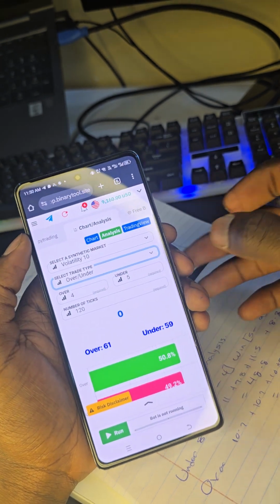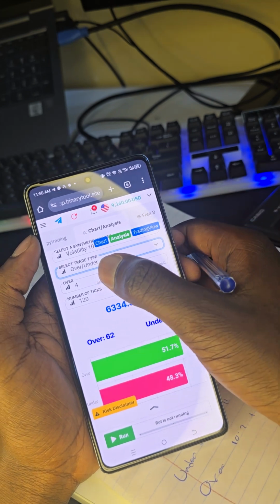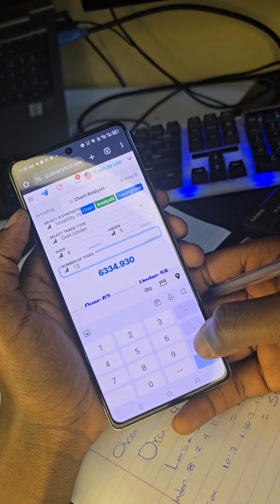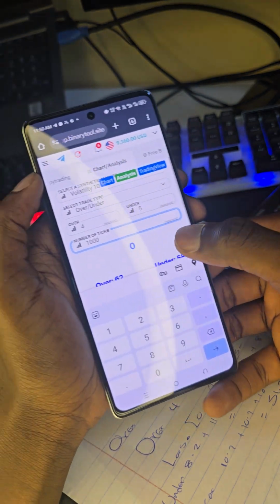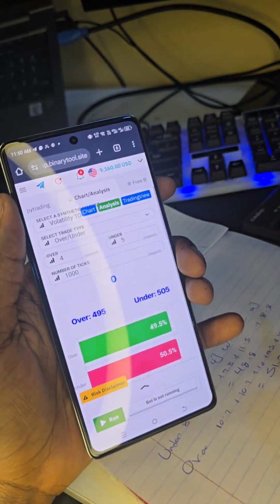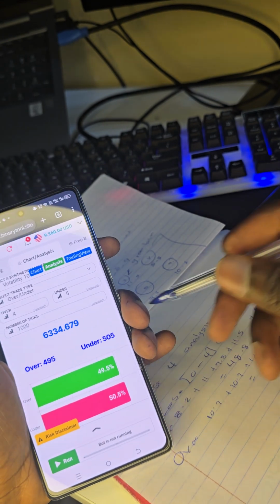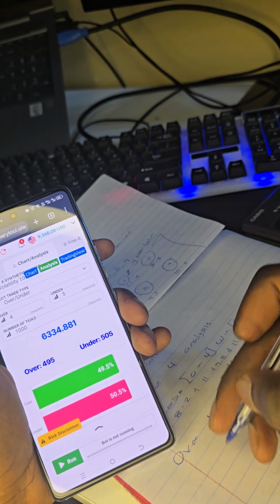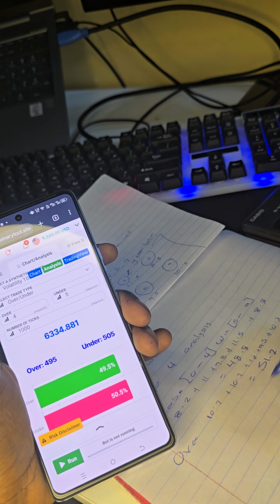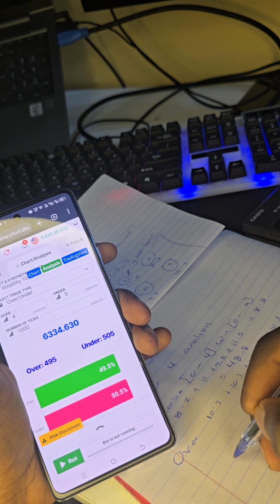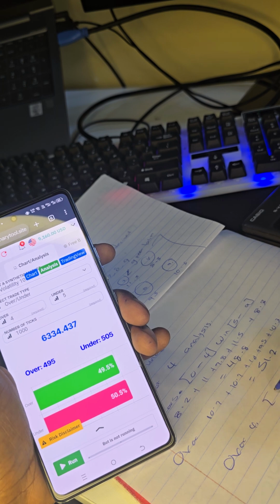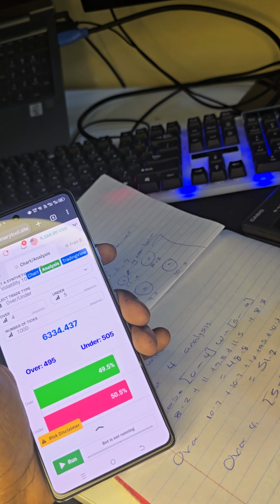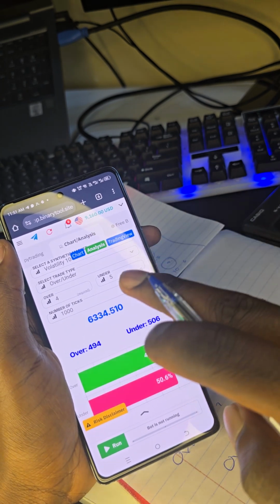So ukitaka kupata a percentage ya over 4, so hebu tuwekele hapa the number of ticks kukua 1000. So tukikelea these ticks kukua 1000 inatuonesha the digits over 4, which means that ni digits from 5 to 9, inatuambia in the last 1000 ticks.